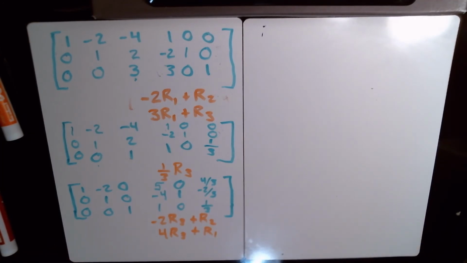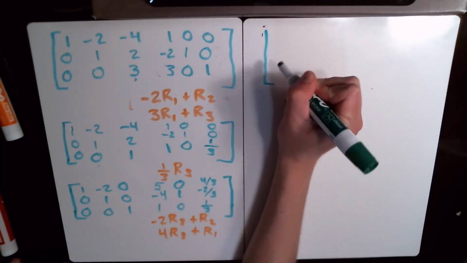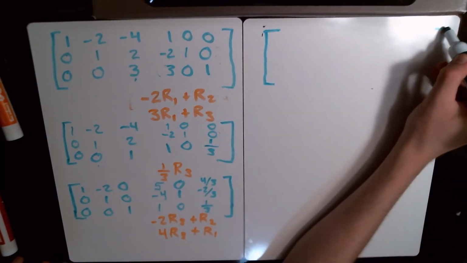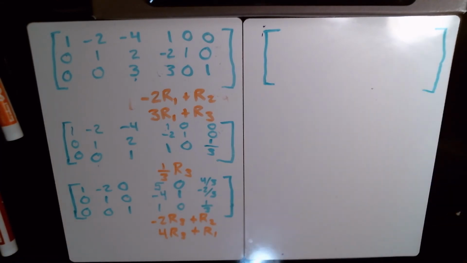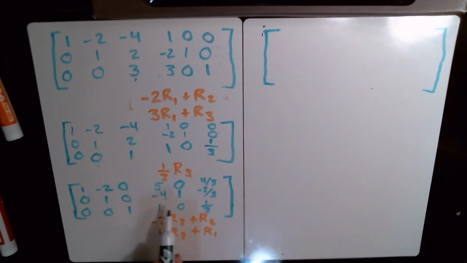Okay, so we are almost there. We just need to get rid of this -2 there. Okay, so let me write a new thing here. So to get rid of that -2, and I also don't want to mess up the other stuff I've done, so I'm going to use the second row to get rid of that -2 because that won't mess up the other stuff I've already done.